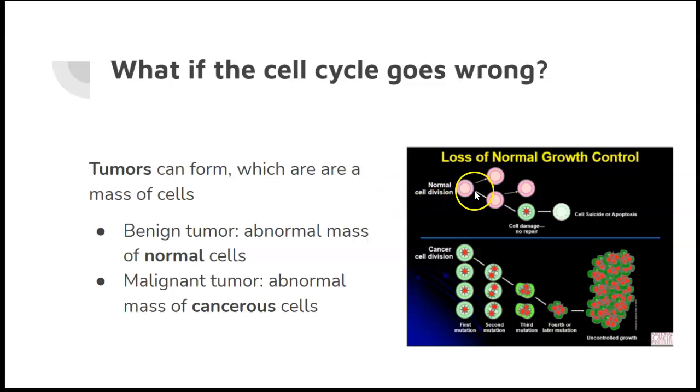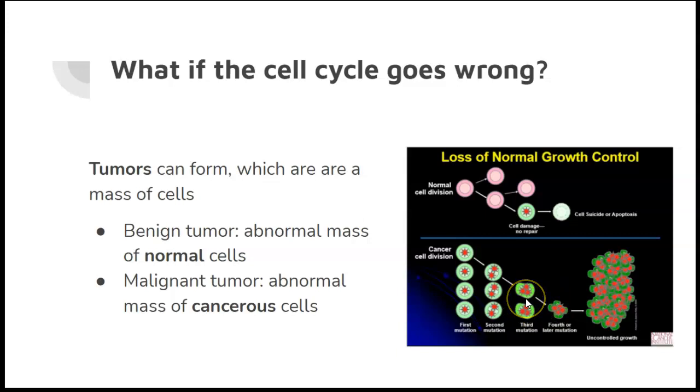But one way that your cells can take care of this is what's called apoptosis. Basically, the cell realizes that it's messed up and it's not working properly, and it will just destroy itself. But if it doesn't go through apoptosis, then you can form tumors, right? Masses of cells. And there are two different types of tumors.